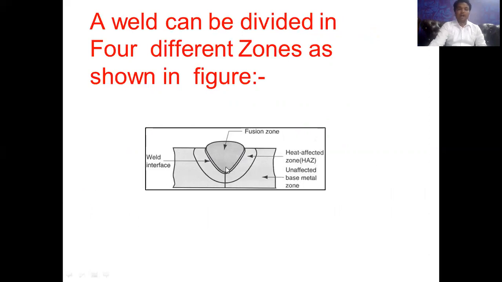Due to the high temperature, the fusion of the material takes place due to the melting of the two weldments in case of fusion welding, and there is high temperature experienced in this region. Very next to the fusion zone is the heat affected zone. So this experiences the peak temperature effect. As a result, it changes its microstructure. So that's the reason why we call it the heat affected zone.